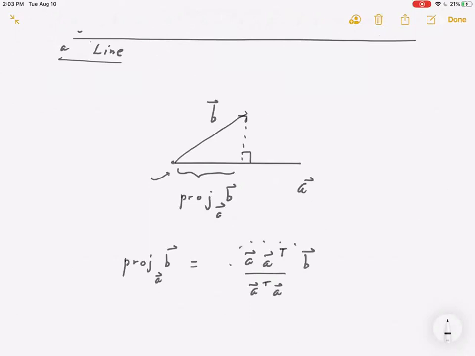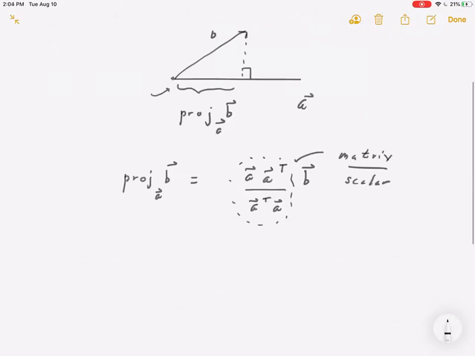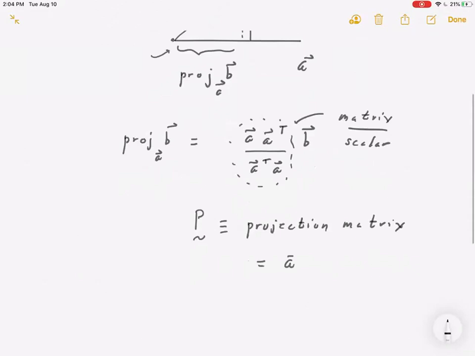This creature inside the dotted line, a loop, is really a matrix divided by a scalar. So it is a matrix. We defined it to be the projection matrix. And it is simply A times A transpose divided by A transpose A. The numerator here is a matrix.